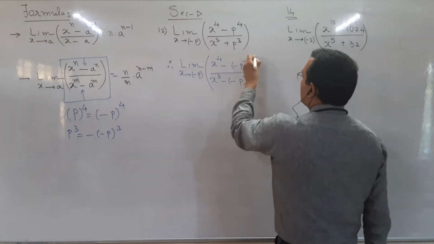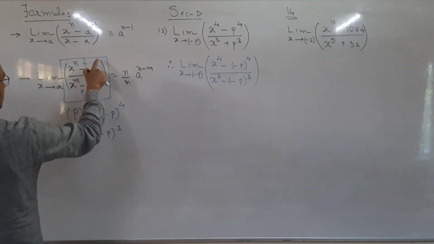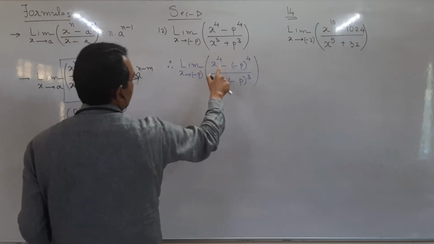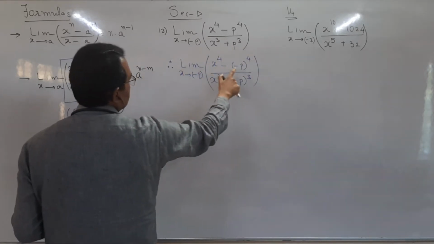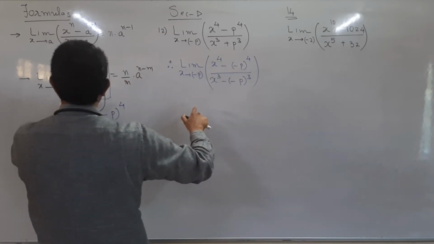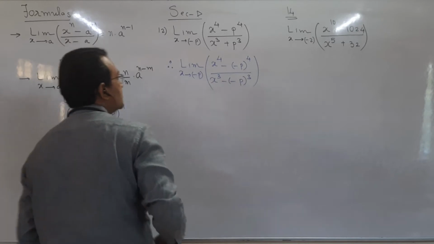Now compare with this formula, x raised to n minus a raised to n, x raised to 4 minus p raised to 4. So a is minus p, x raised to m minus a raised to m, x cube minus p cube.